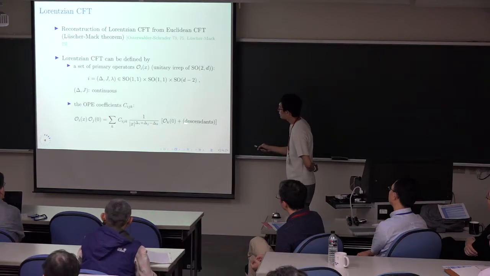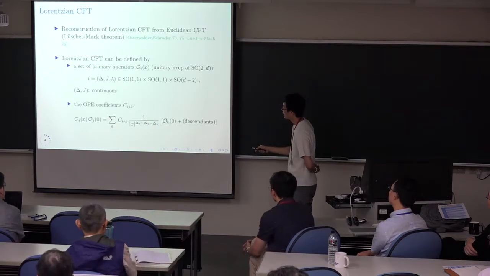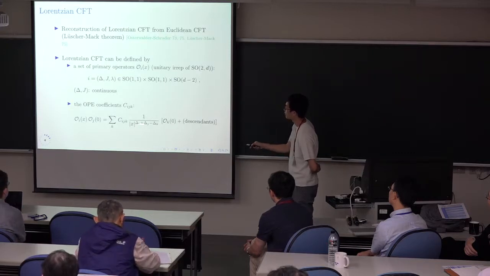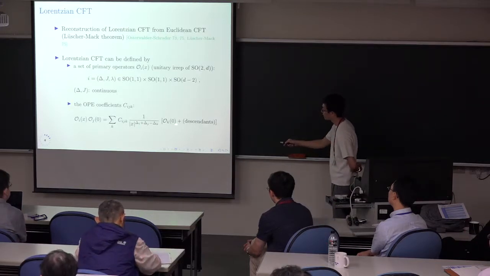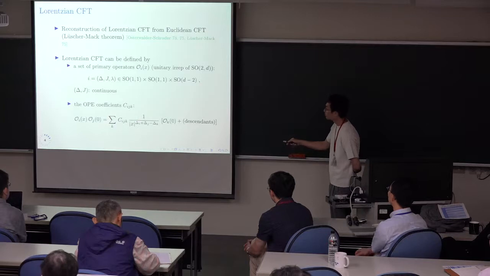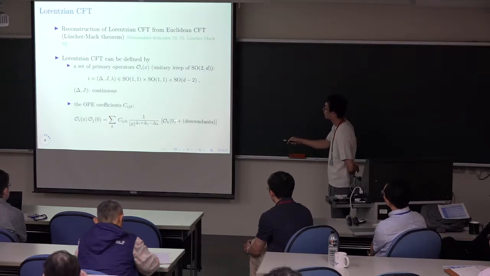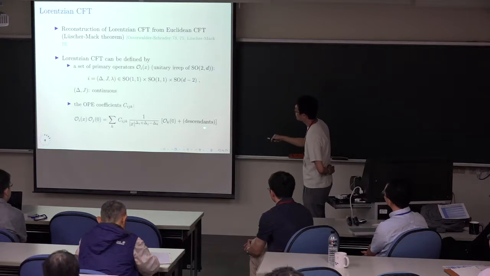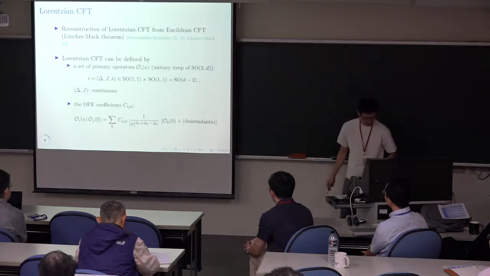On the right-hand side, you have a primary part with some power, which can be completely fixed by conformal dimensions. But then you have a lot of descendant terms, which are basically derivatives of the primaries. But this part can also be completely fixed by conformal symmetry only.